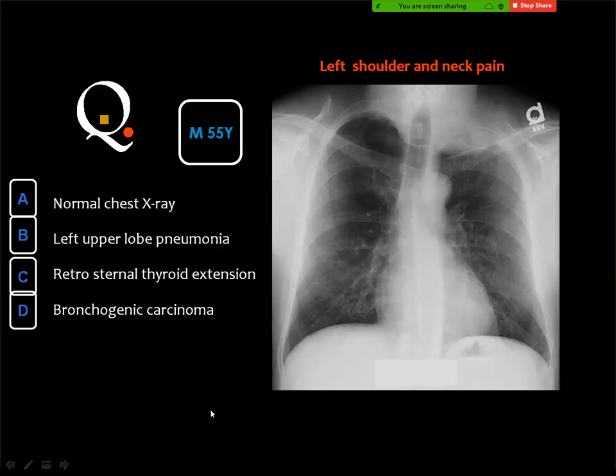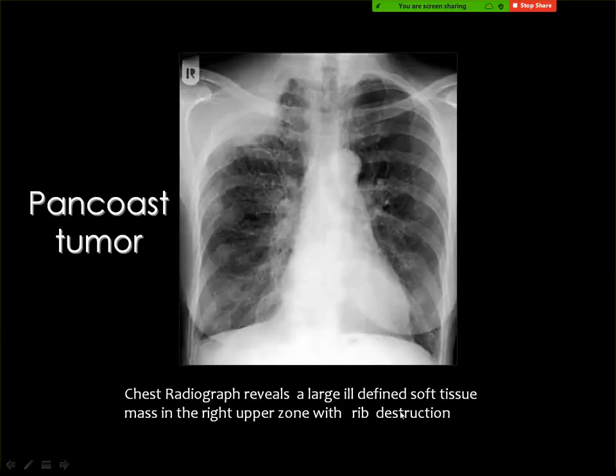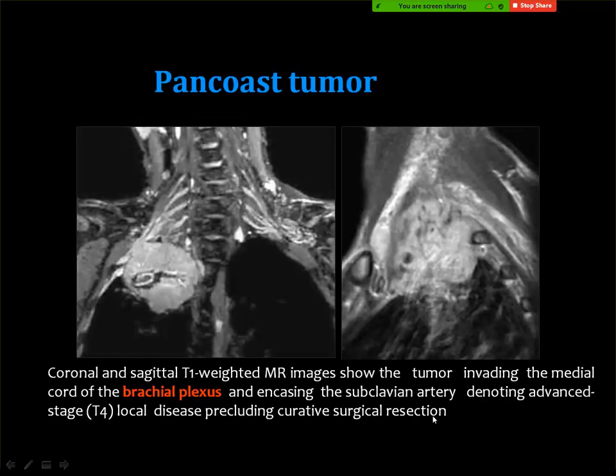If you diagnose this lesion, it would be better to go direct for MRI, and the CT is not usually helpful in these cases. It will show the same finding as the chest X-ray, a mass with rib destruction. But you need some information for surgery.